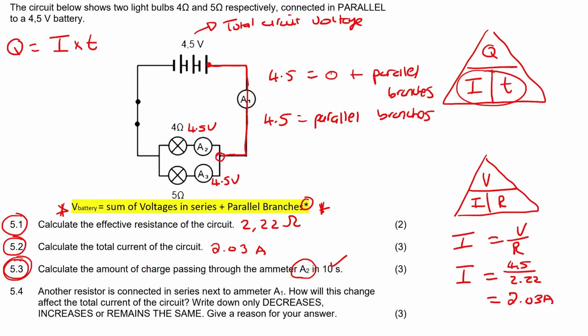Now when that little electron gets over here, it has to make the decision as to whether it's going to go up or down. It cannot do both. So let's say it decides to go this way. So now it's going to go like this, like this, like this. And when it gets back to the battery, the battery's going to say, "Hey, I hope you had a good adventure and I hope that you used all of your voltage."